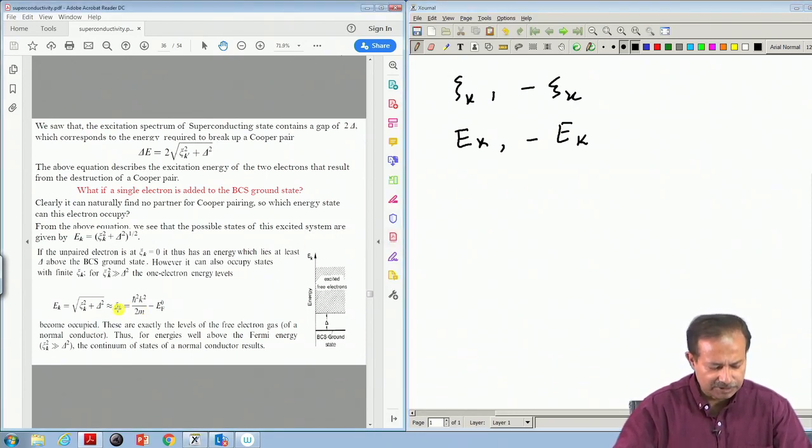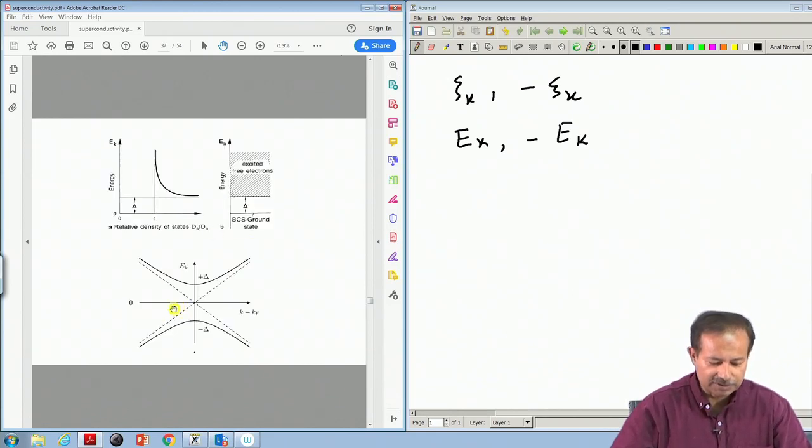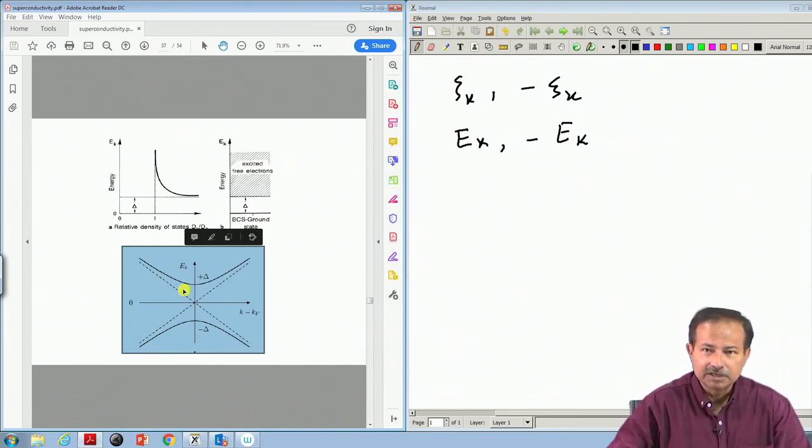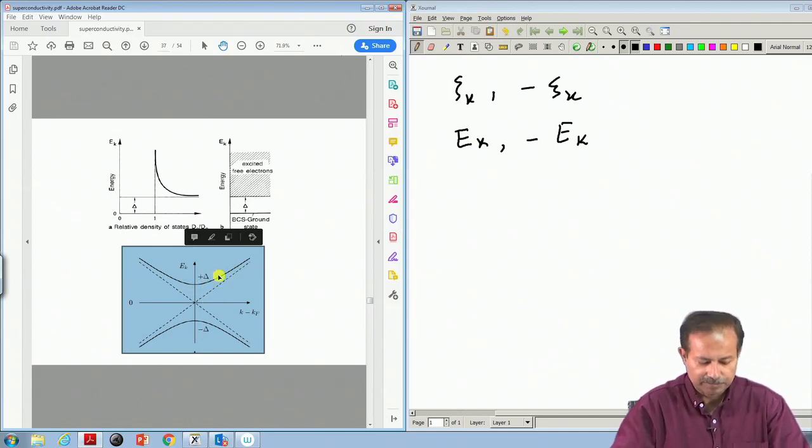if epsilon k is far greater than delta, then it will go back to our original spectrum, h cross square k square by twice m minus E f, which is epsilon of k. The interesting thing is when epsilon k is small compared to delta.